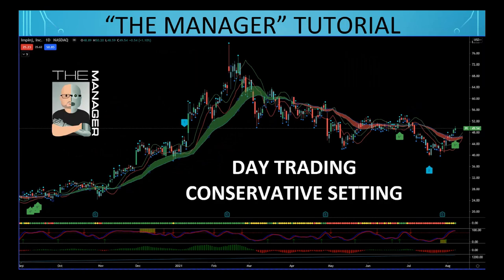So recognizing that behavior on earnings that we just discussed, that high volume rejection here, you could change your setting to day trading conservative. Okay, this would close the cloud around about $58. So giving it room to move, eventually the cloud changes at $58.